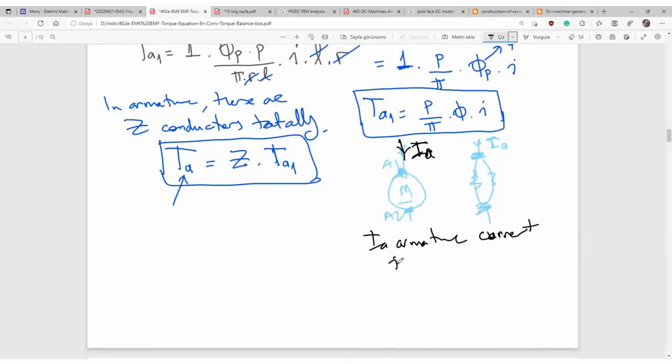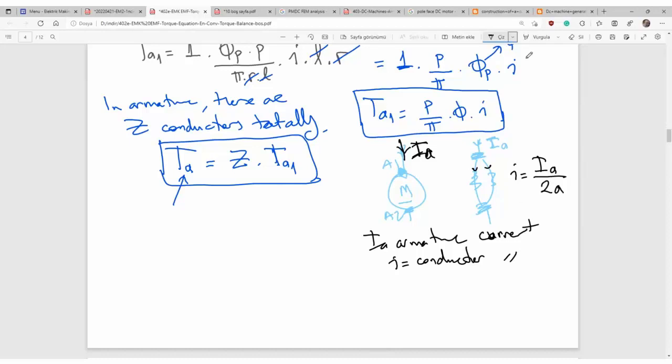Small i is the conductor current. What is the relation? Here you see conductor current-carrying paths. So small i is equal to total current over the number of parallel paths.